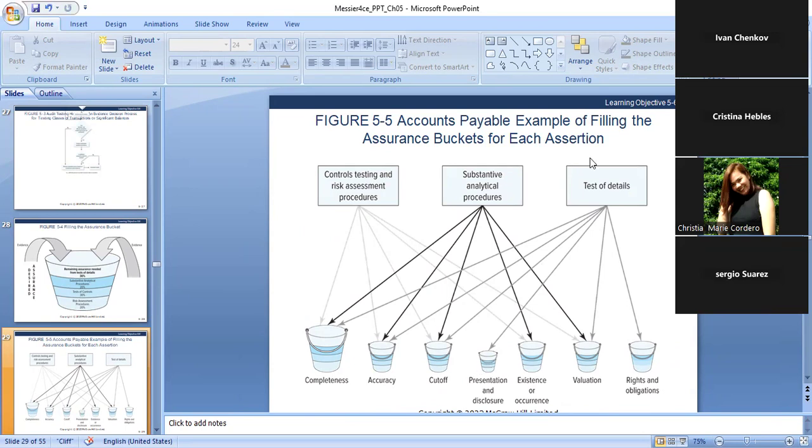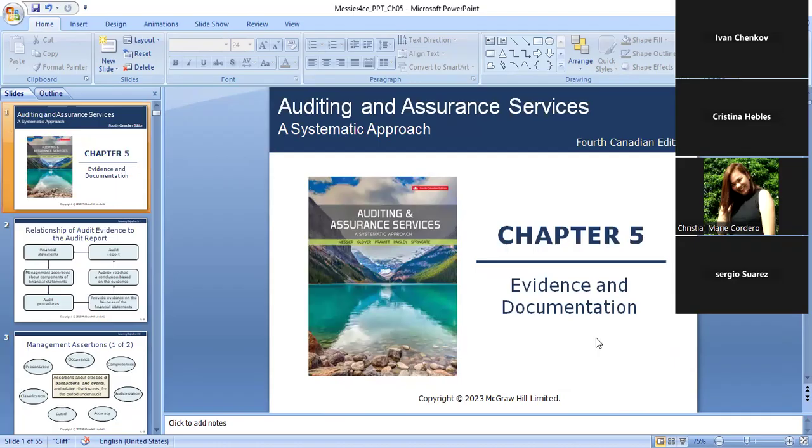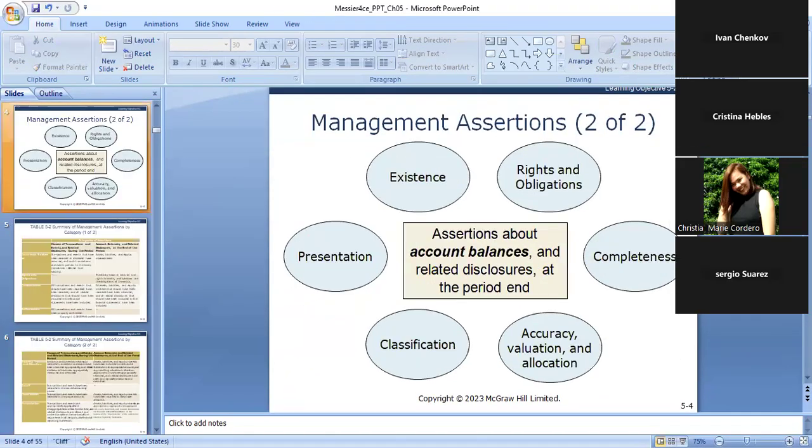So once you ask questions like this, which slide is this? Slide 29. So what we have to remind ourselves is, what's this chapter about? This chapter is about evidence and documentation. So when you see a big bucket like this, let's go back to slide 29.